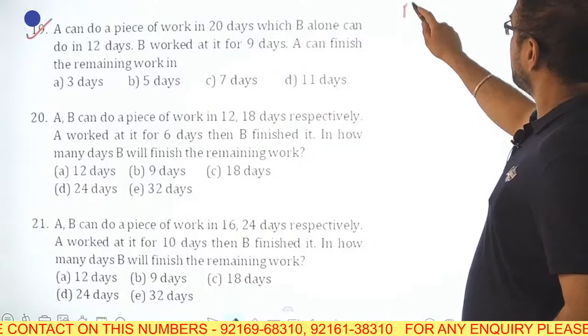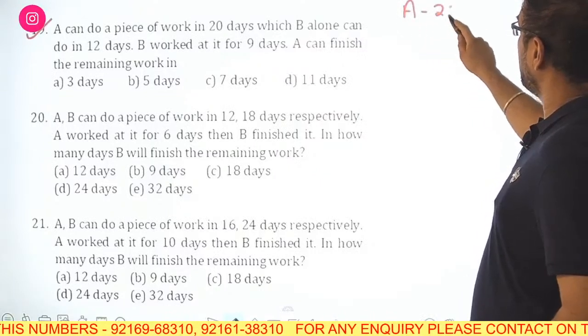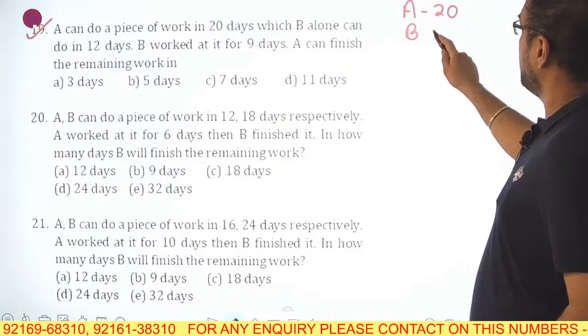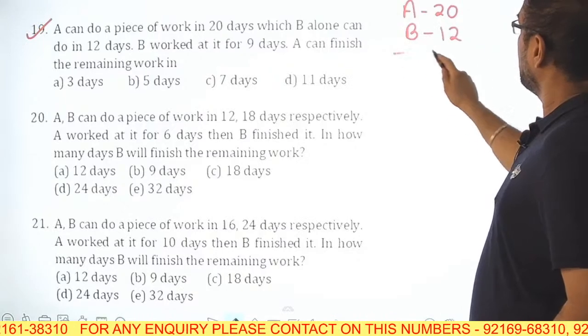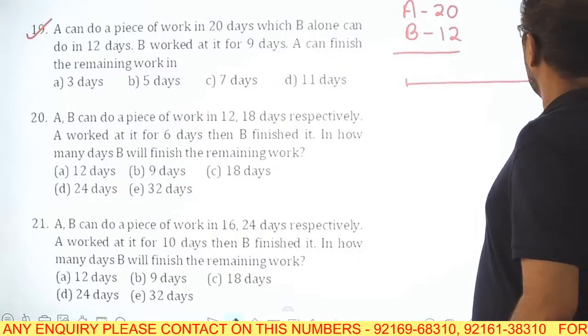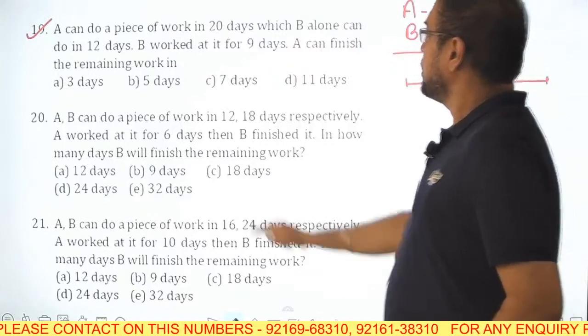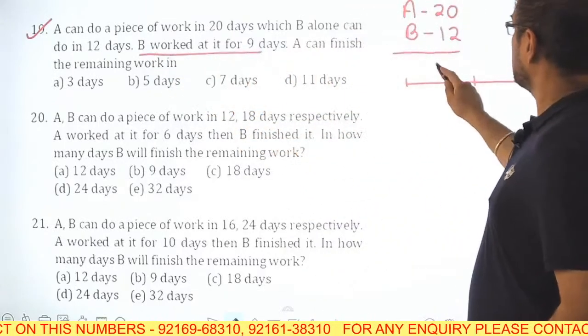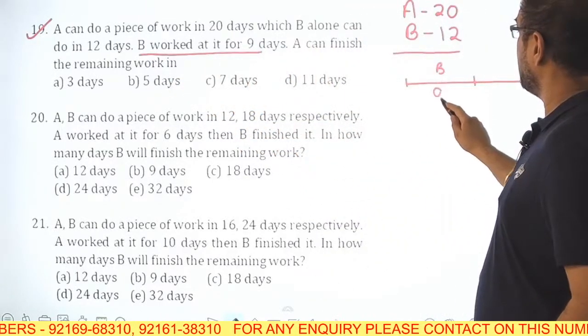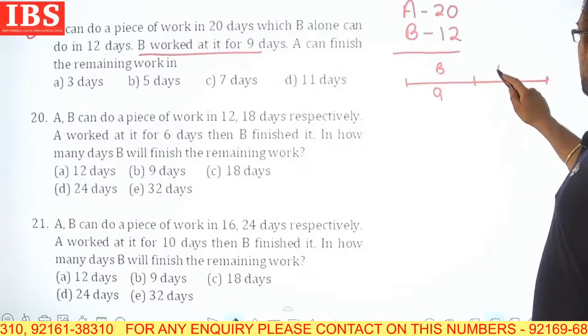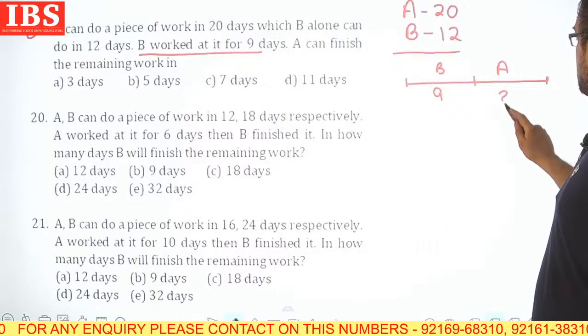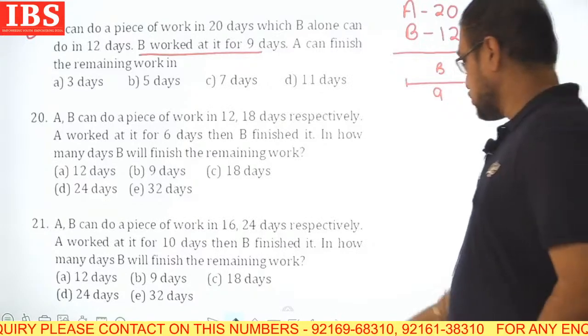Firstly, write down what is given. A in 20 days, B in 12 days. Now, B worked at it for 9 days first, and A will finish the remaining work in how many days? This question is asked to you.